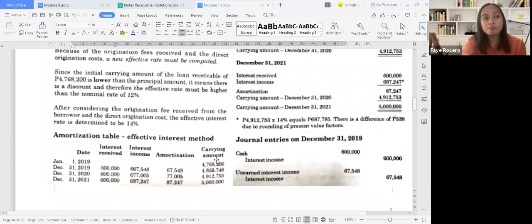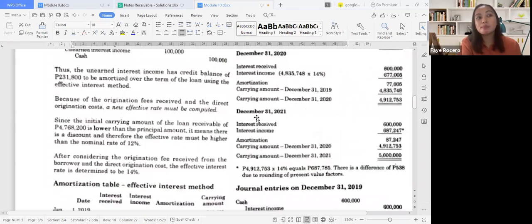Multiply again by 14%, 677. Compare with the interest received, the amortization for 2020, 77,005. Carrying amount, add that to the previous balance, and so on and so forth. Until at December 2021, you will have a 5 million balance, which is equal to the principal of the loan.